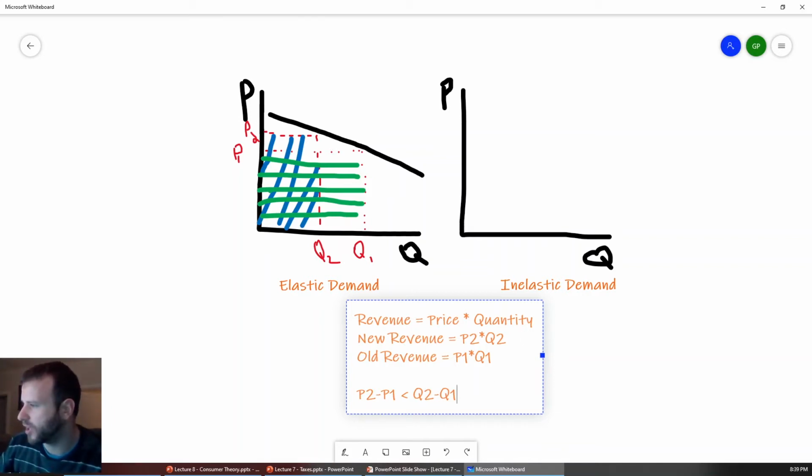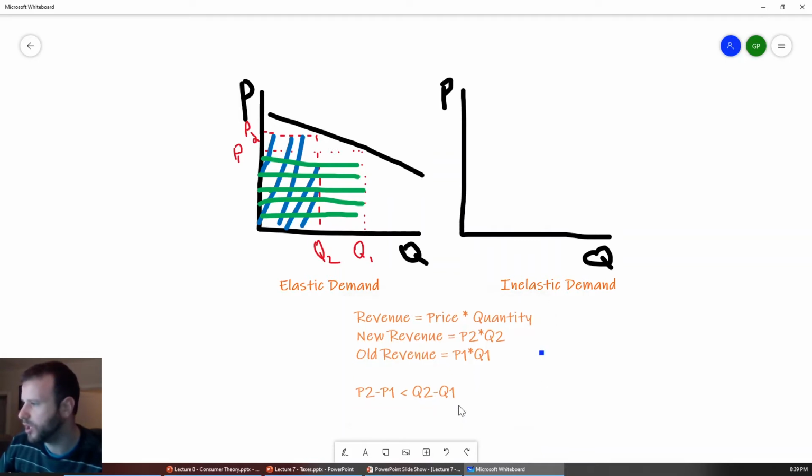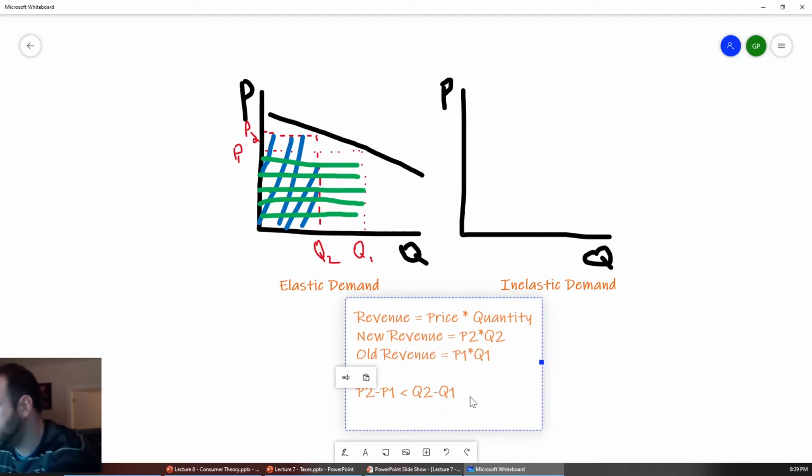But basically you're saying P2 goes up by a little, Q2 goes down by a lot. So this whole new revenue is going to be lower. New revenue will be lower than old revenue.